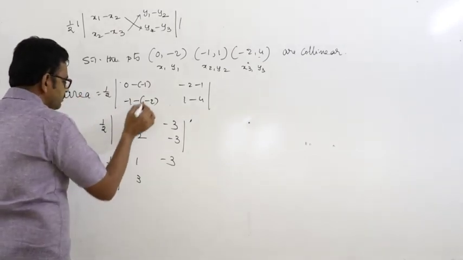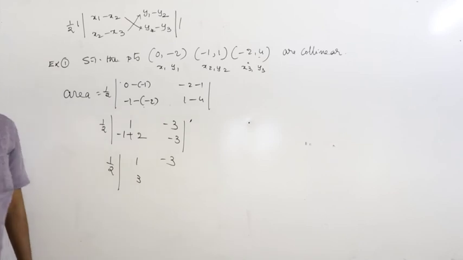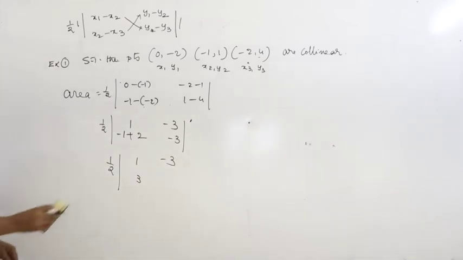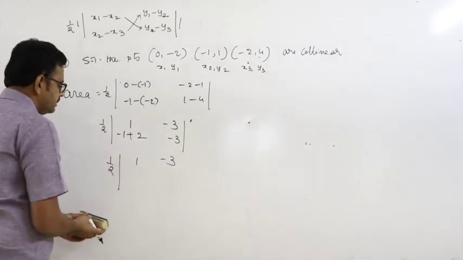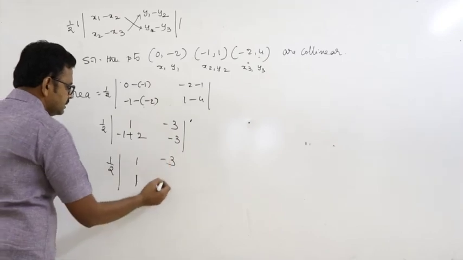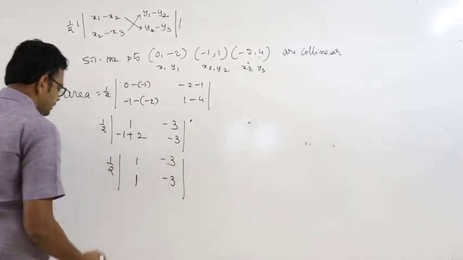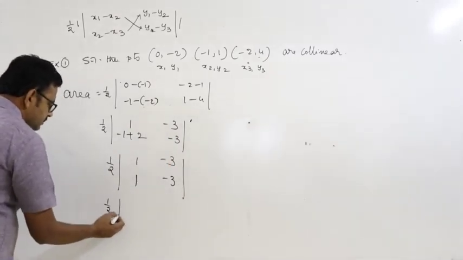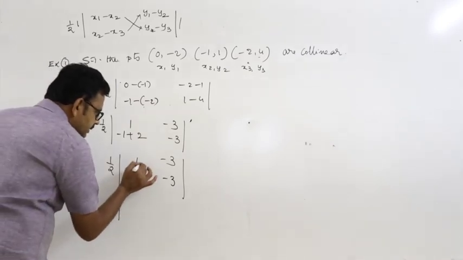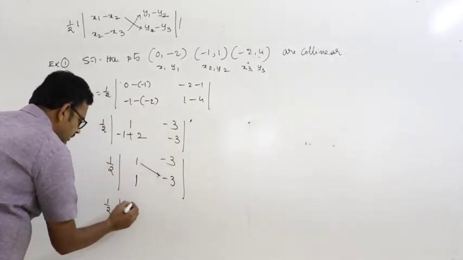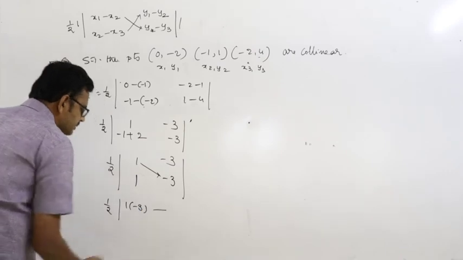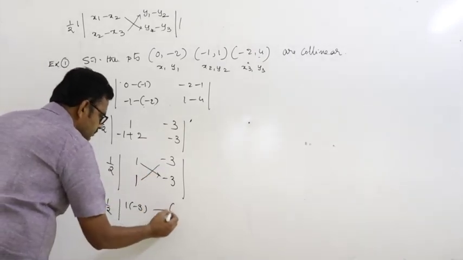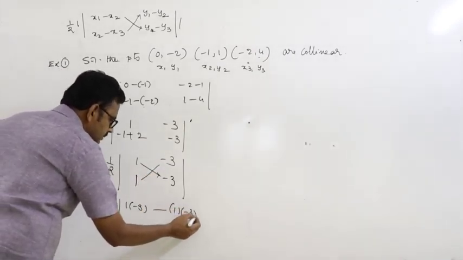Now this is minus 1 plus. And it is 1, and it is minus 3. So half, mod of product of these two, 1 into minus 3, minus product of these two, 1 into minus 3.